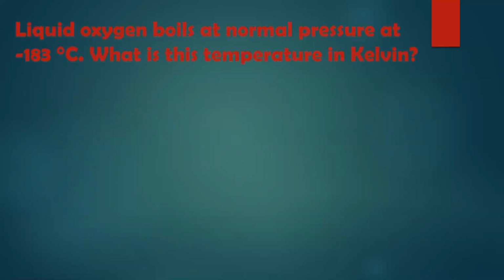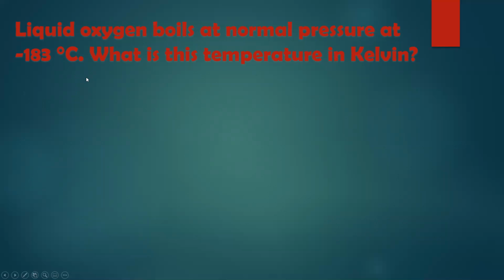The coming question is about liquid oxygen that boils at normal pressure at negative 183 degrees Celsius. What is the temperature in Kelvin? Very simple. We want to get the Kelvin from Celsius.